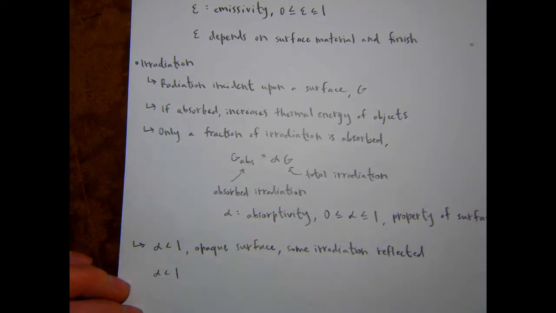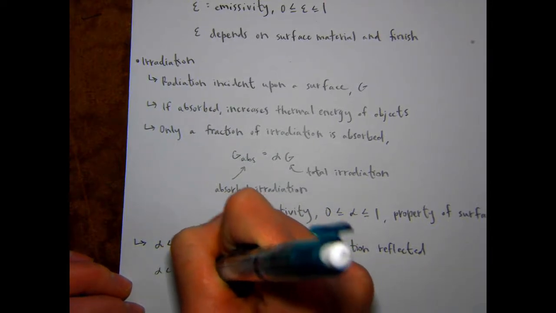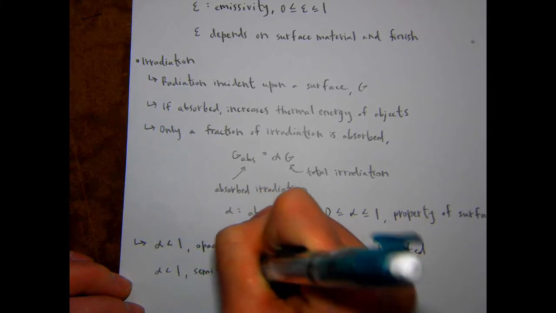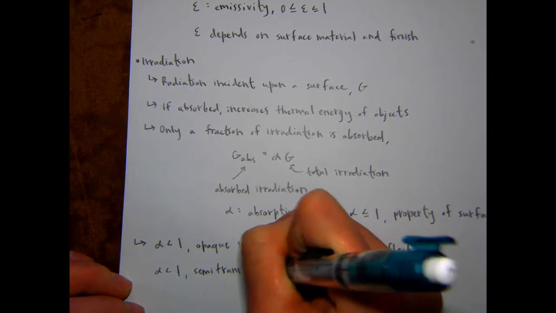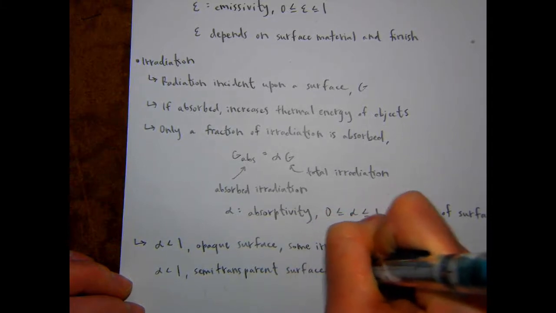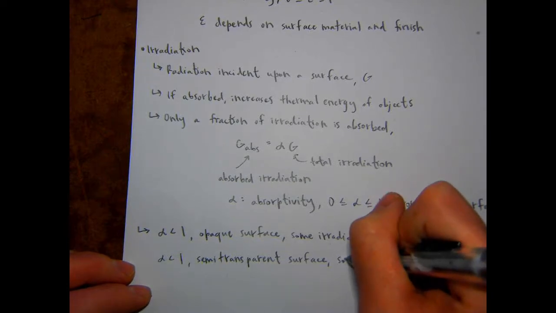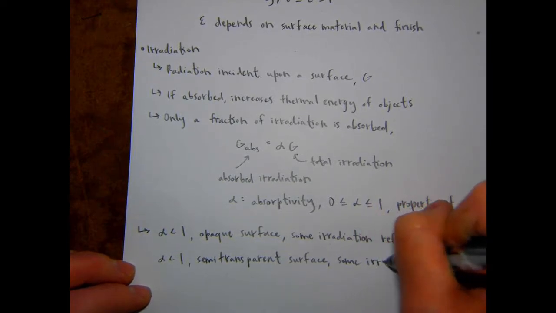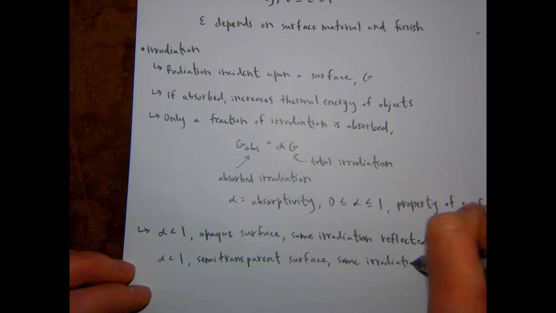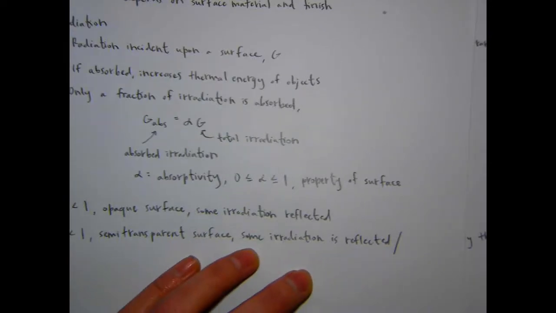If we have alpha less than 1 and we have a semi-transparent surface, some irradiation is reflected and/or transmitted.